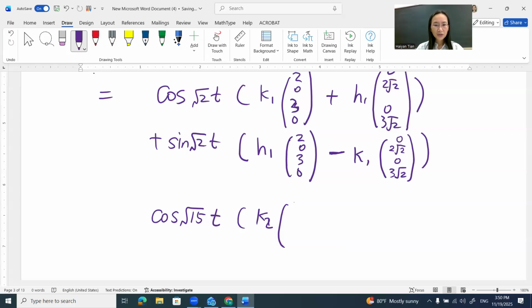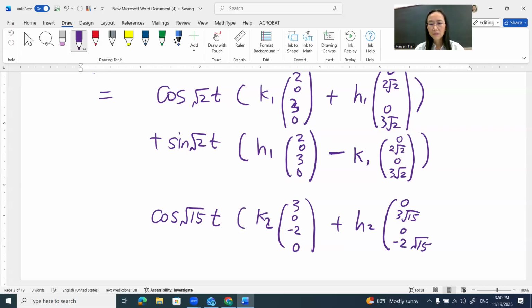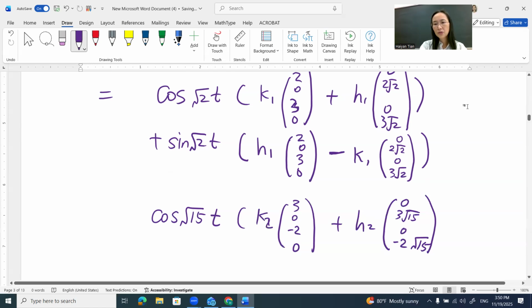So that is U2. Remember, U2, then H2, W2. You can double check U2, W2.